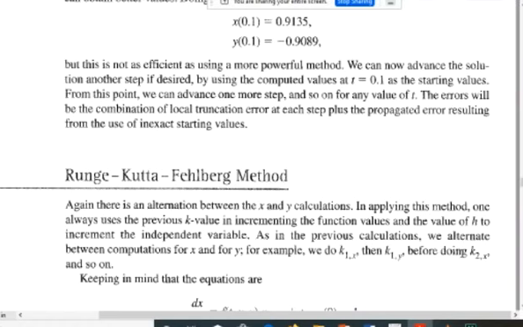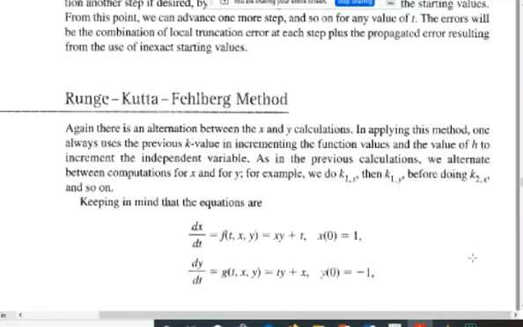The next approach is a Runge-Kutta-Fehlberg method in the case of system of linear equations instead of a single equation. Again, there is an alternation. We have different options here, how to calculate x and y in each option.